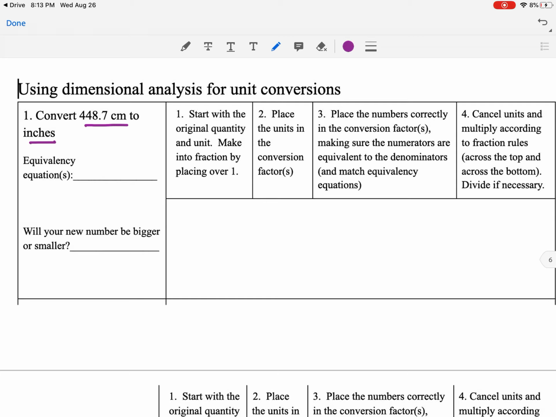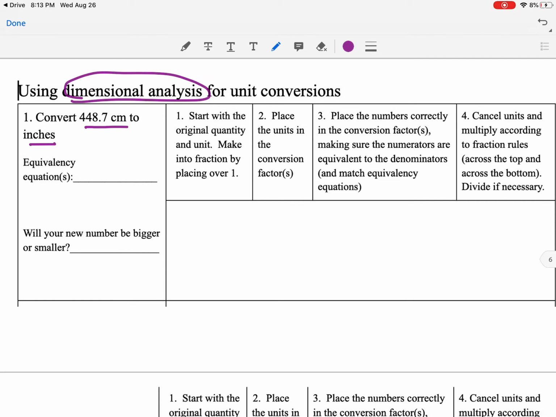But you would not have practiced or learned dimensional analysis, which we need to know for chemistry, and we're going to be using on much more difficult problems. So to get credit for this assignment, you do have to use this technique, which will feel confusing at first, but then really feel like second nature. If you were in 8th grade science, you did this with me, and it is somewhere in the recesses of your memory.